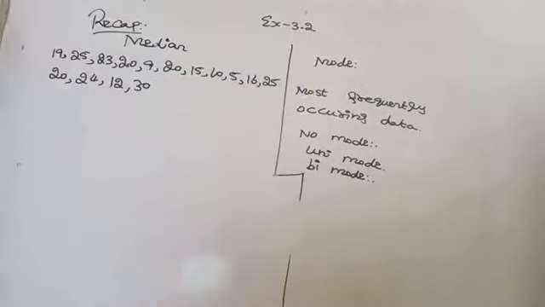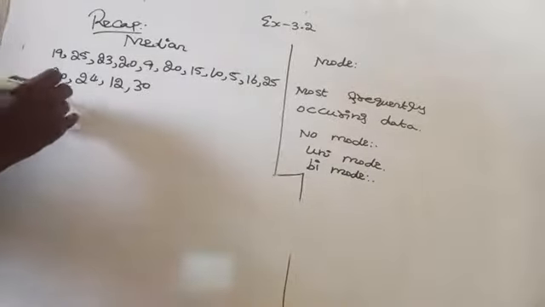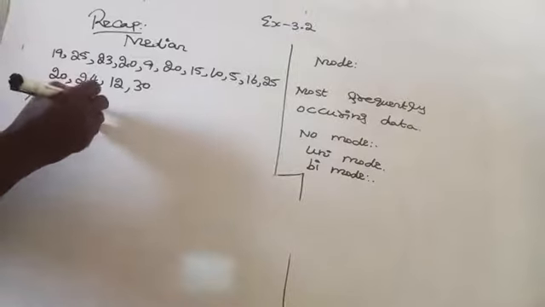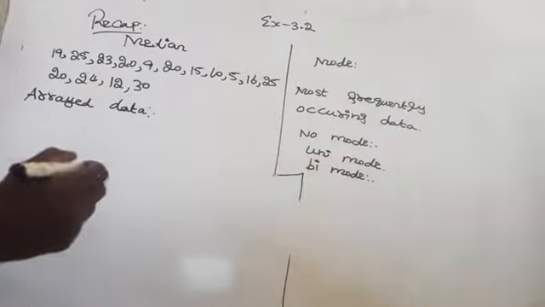So first you arrange the given data in either ascending order or descending order. That is called arrayed data. Here the least number is 5. Then 9.